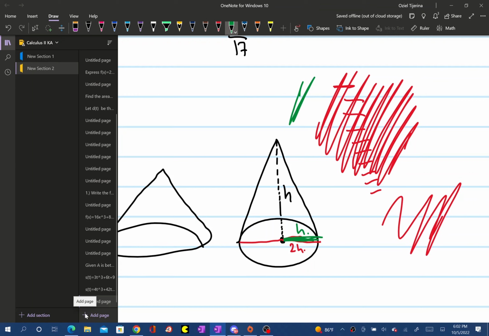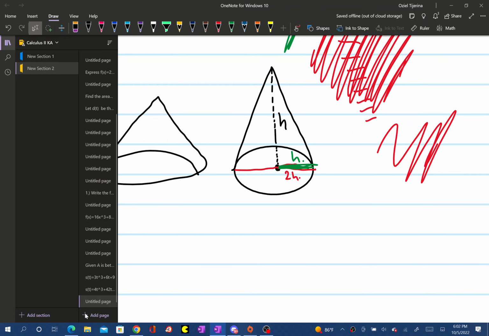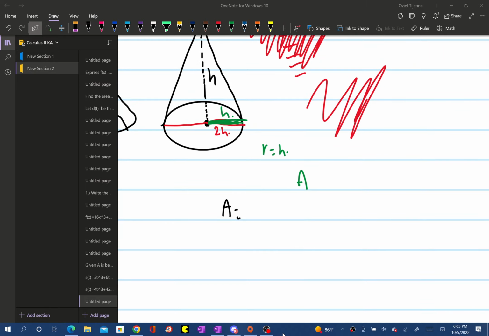So surface area of a cone, it's gonna be, okay, r equals h, right? So the surface area will be pi r times r plus the square root of h squared plus r squared.